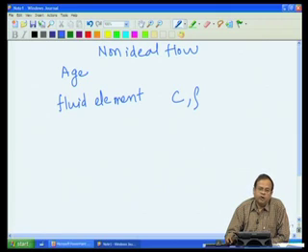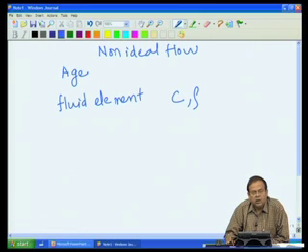So, we define the age of the fluid element as the amount of time the fluid element spends inside the reactor since its entry. So, once again, the age of the fluid element is the amount of time that has elapsed since the entry of that fluid element inside the reactor.